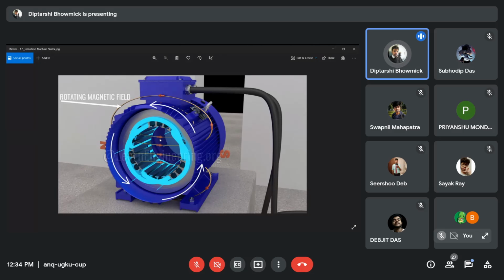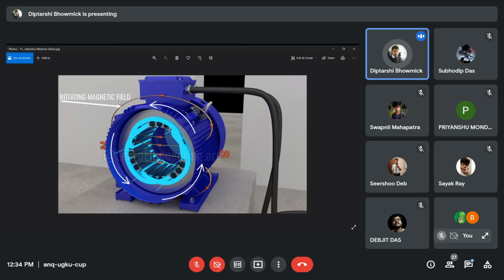The rotor will produce its own magnetic field, and these two rotating magnetic fields will act upon each other and produce a torque, and that torque will make the rotor rotate. So that is the basic idea behind the working principle of the induction motor.